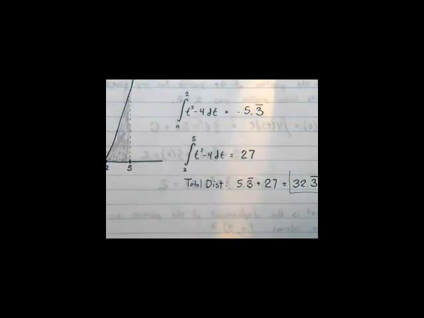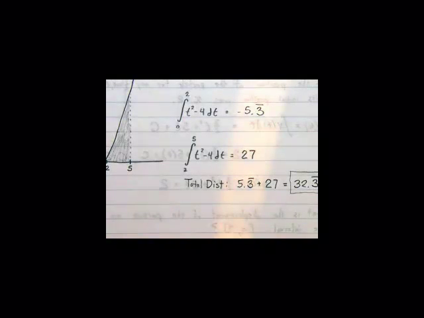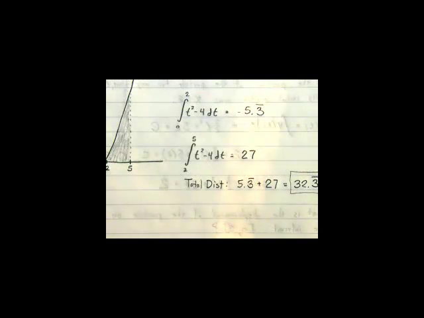So what these two individual integrals tell you, with the negative and the positive, is that this negative area, this first one, means at this point it went 3 meters to the left, and then it turned around when time was equal to 2, and it traveled 27 meters to the right.